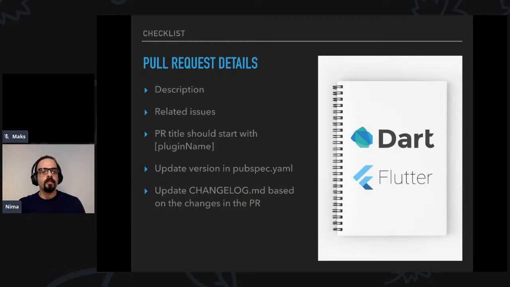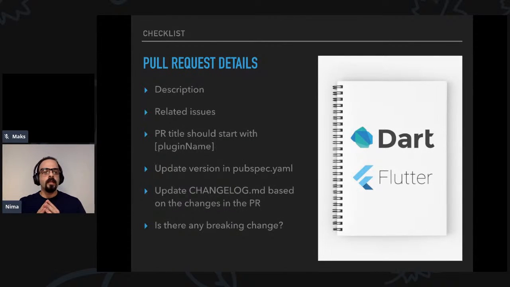Also, you need to add a description in the CHANGELOG.md file. By doing that, when you go to, for example, the pub.dev website and check the changelog tab, you will see what has been changed between these versions, and it can help developers make sure that they need to update their plugin to that version to receive the benefit of the change.